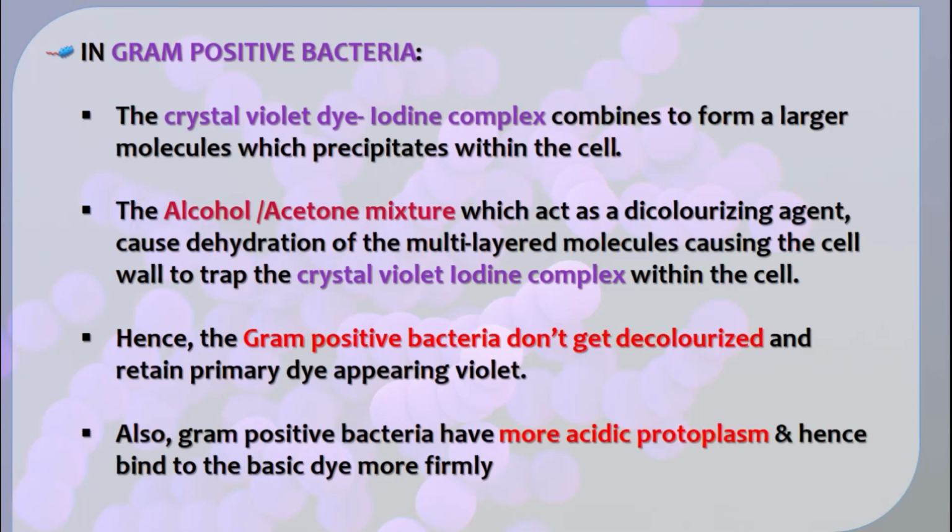Hence, they retain the primary stain, the gram positive bacteria don't get decolorized, and they appear violet in color. There is another concept that gram positive bacteria have a more acidic cytoplasm, and hence have more affinity toward basic dyes and bind basic dyes like crystal violet more firmly, and they retain the crystal violet and iodine complex. This is also one of the concepts that explain why the gram positive appear violet in color.